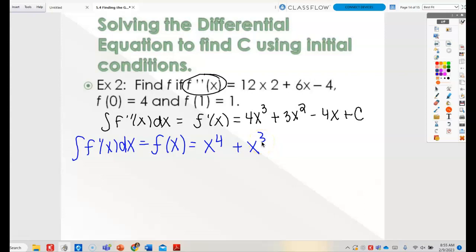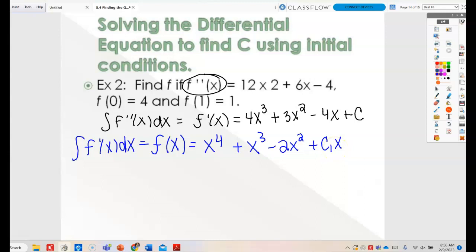Negative 4x would become negative 4x squared over 2. So you get negative 2x squared. If you take the antiderivative of a constant, it becomes that constant times x. So this is going to become c sub 1 of x.